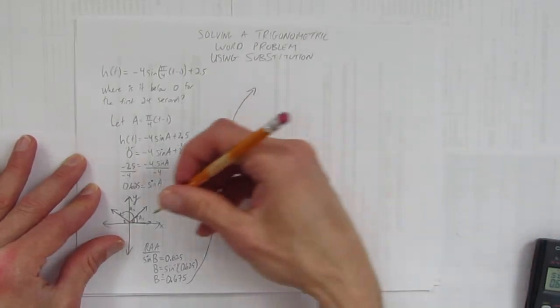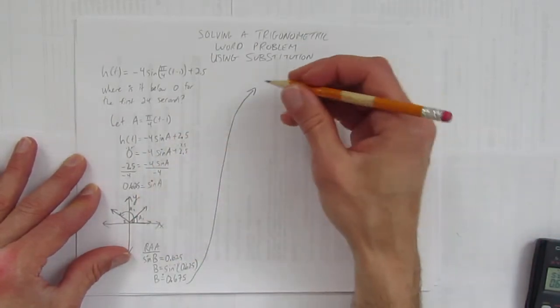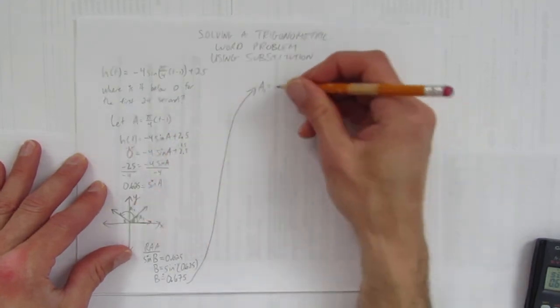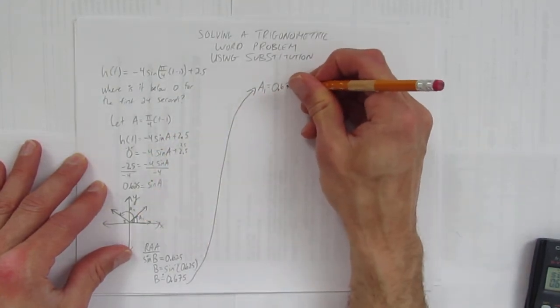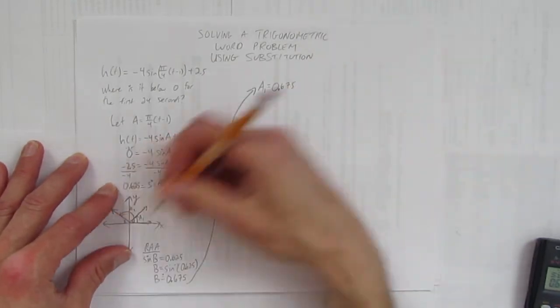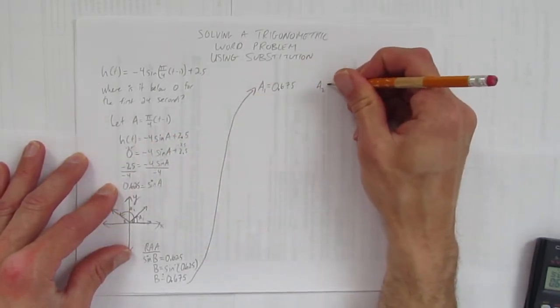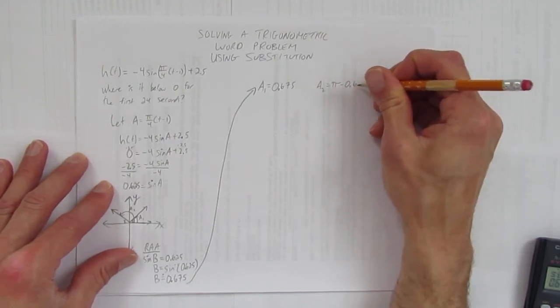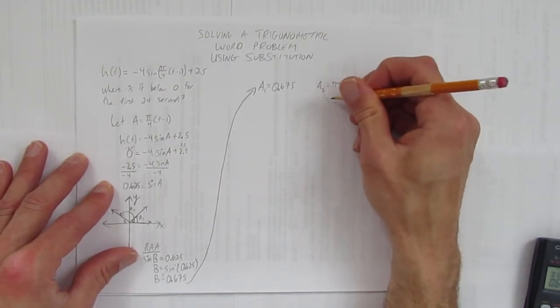Okay, sketched it, found the related acute angle, now solve for the a's. A1 is in quadrant 1, so it's just the same number, 0.675. A2 is in quadrant 2, you calculate that by doing pi take away 0.675. That's always the formula for quadrant 2.